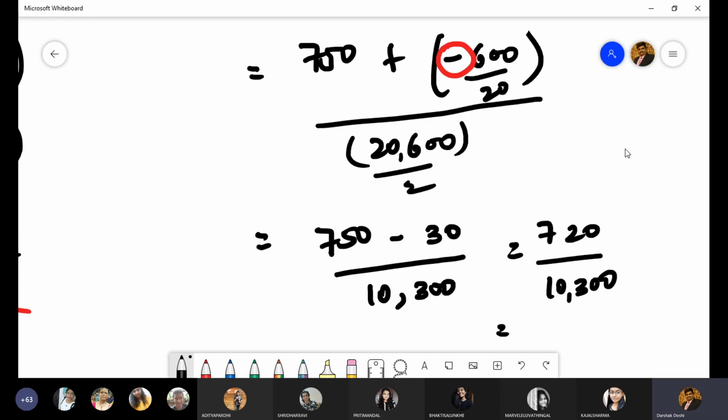Let me know if my calculations are wrong. Is this correct?